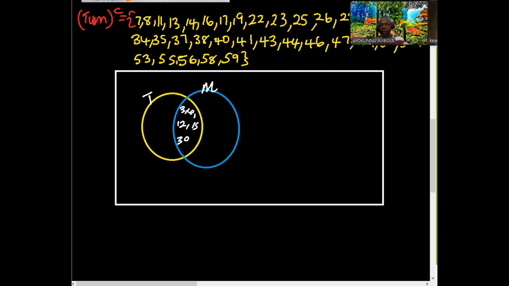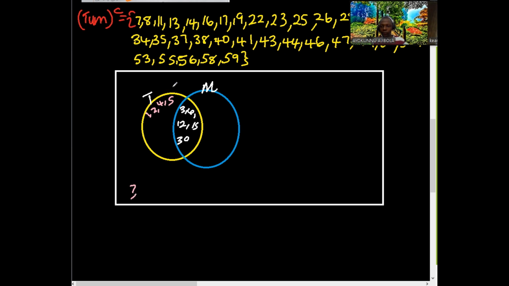Then we now want to list all the elements of t, which are factors of 60. So we have 1, 2, 3 is there, 4, 5, 6 is already here, then 7, no. So 7, which is not present in any of them, goes here, in the empty space in the rectangle, is that clear?